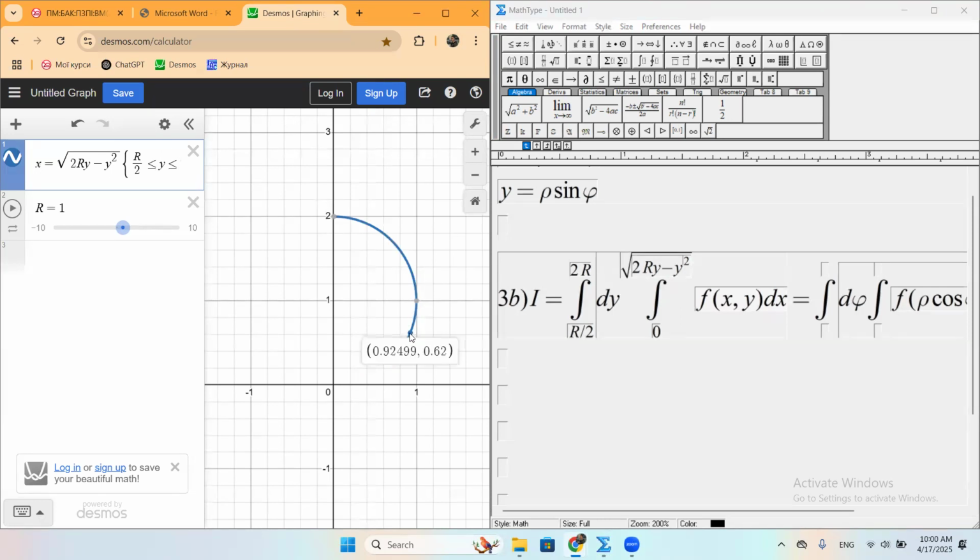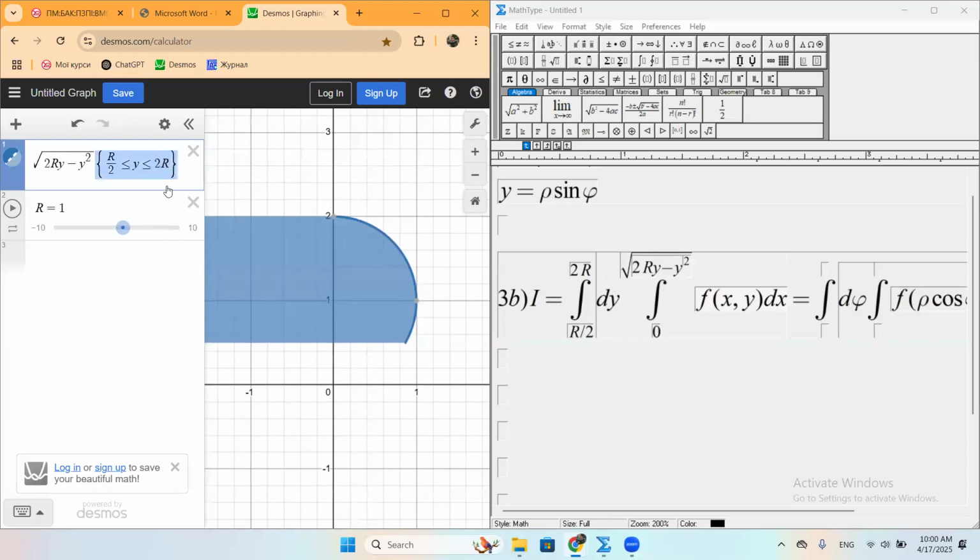So we have such a segment of the round. And also x is less or equal to this, and also x is greater than 0.